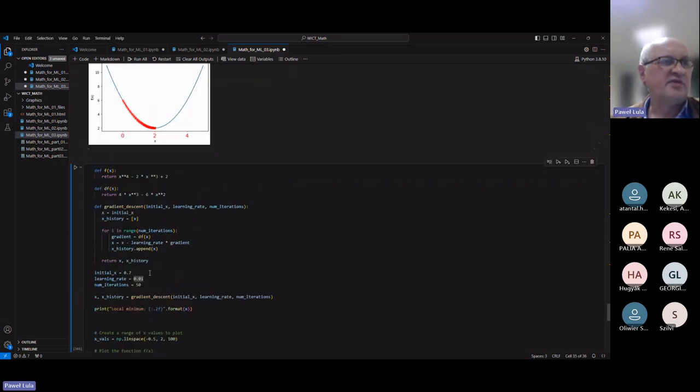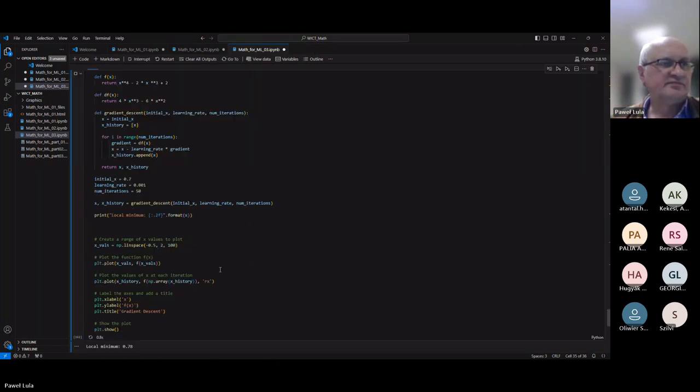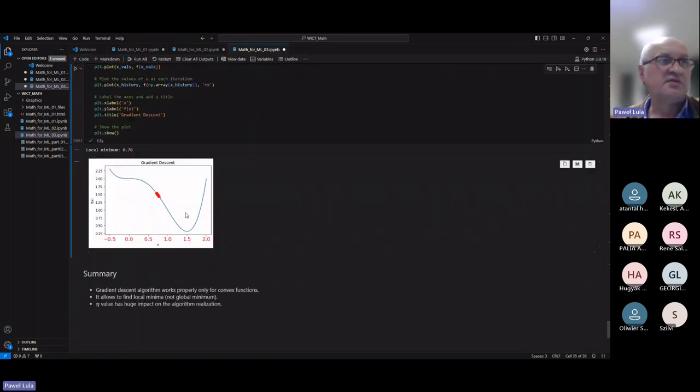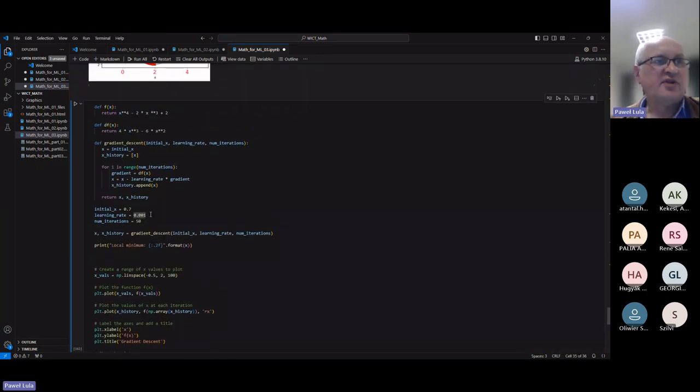Yes, it is possible. But for a smaller value, this algorithm stopped here. So it was not possible. The number of iterations was small. Also, we can check the results when eta is huge, for example, 2.